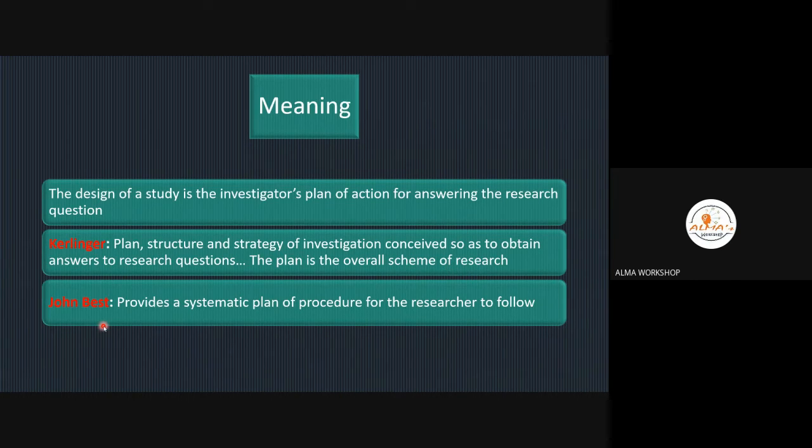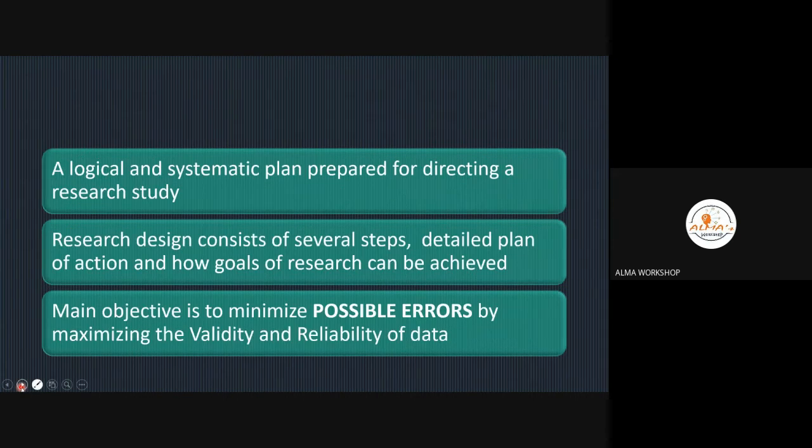Likewise, John W. Best says that research design is a systematic plan of procedure for a researcher to follow. That is what we are trying to understand. It is nothing but a logical and systematic plan. It is logical; you have to have some reasoning: why you are doing it, how we are doing it, what you are going to do. All these you should plan before you do your research.